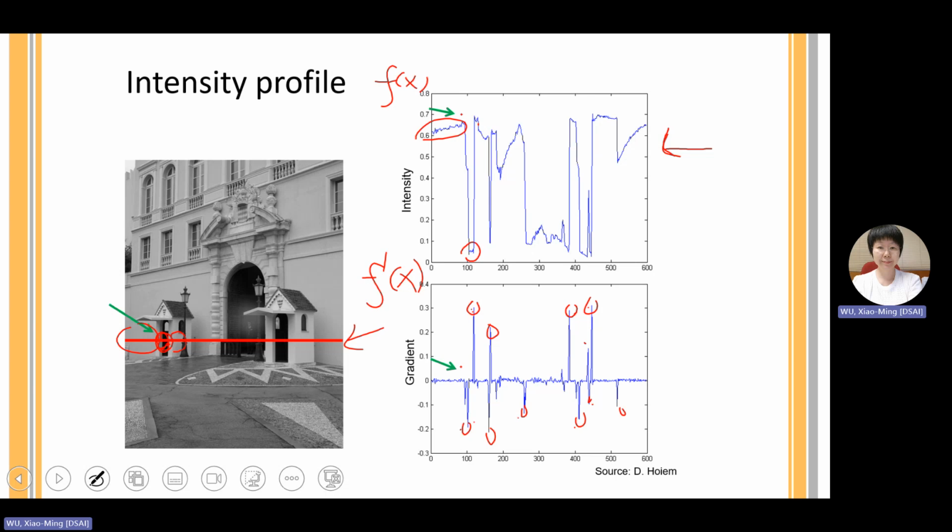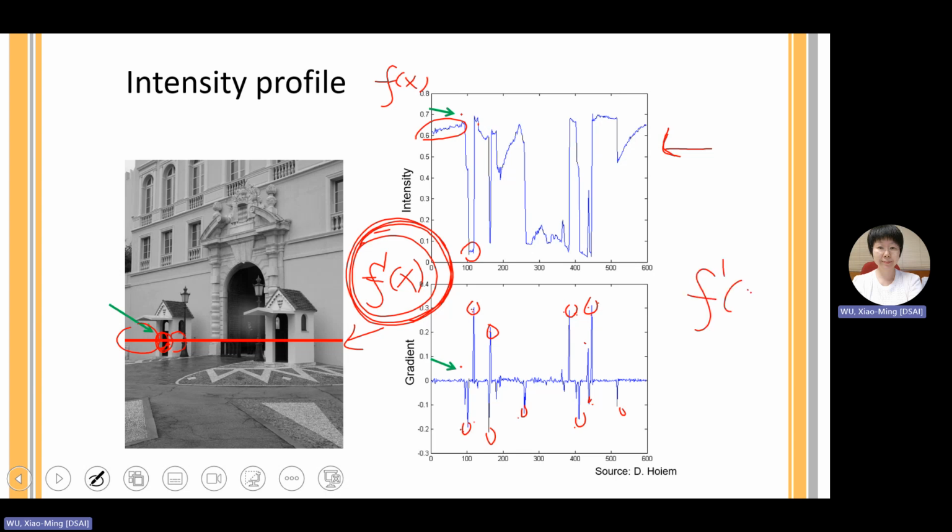The position of these extremes in the derivative f'(x) corresponds to what? Correspond to the edges, right? The extrema represent the most significant changes in the function intensity.